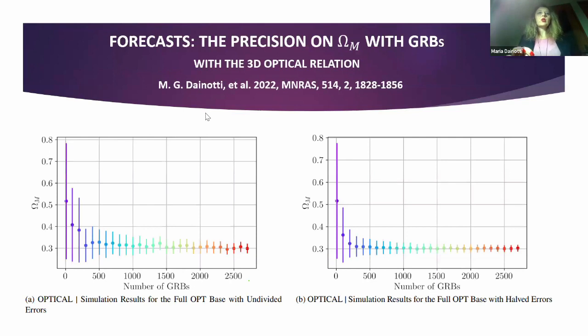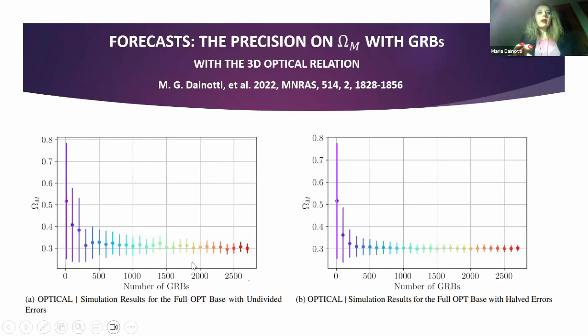If we would like to increase the sample size, we need to have in mind what numbers we need. On the right-hand side, we have the optical fundamental plane. When we consider that the error bars are undivided, it means that you have the full range of uncertainty on your variables.